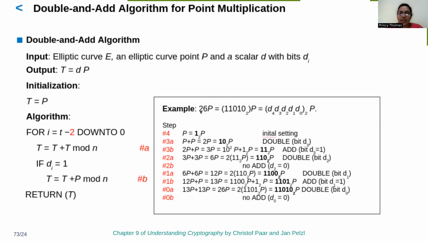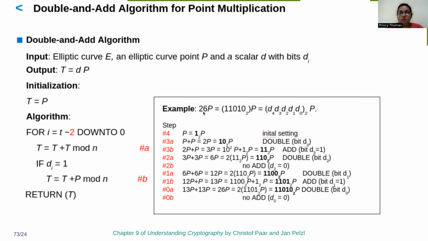To find 26P, just like in the square and multiply algorithm, you find the binary of 26. So we have 1, 1, 0, 1, 0. There are 1, 2, 3, 4, 5 bits, so it will take 5 steps in the algorithm to calculate 26P.